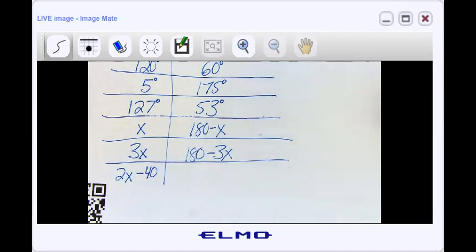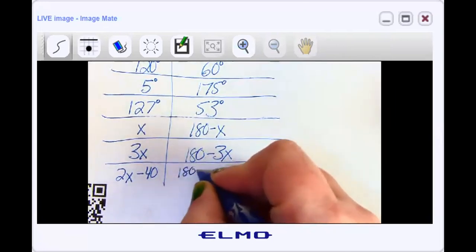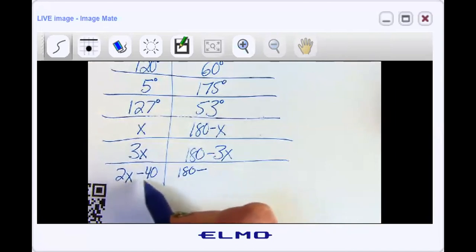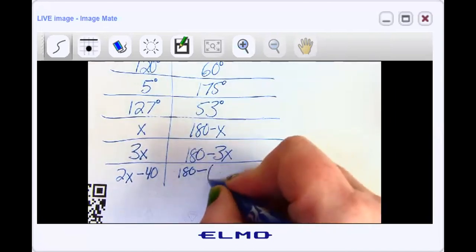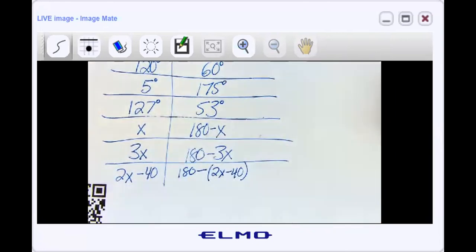So here's what we're doing for this last one that's really weird, but it follows the same pattern as all the others. I'm still going to do 180 minus this number. You just have to make sure you're subtracting that whole number. So you have to put it in parentheses. So that really has to be where you start. You have to do 180 minus all of that. And it looks like this.